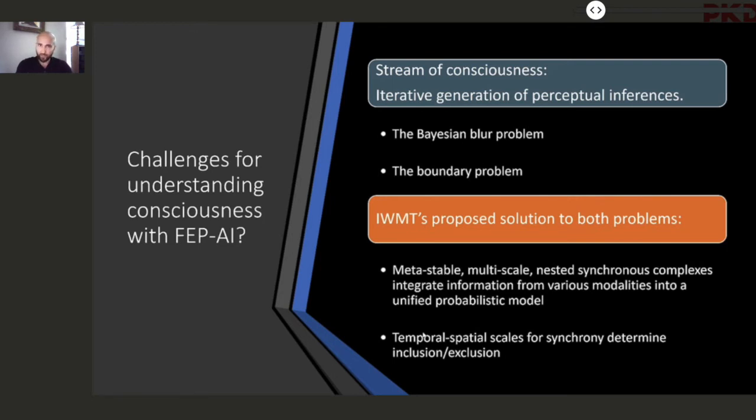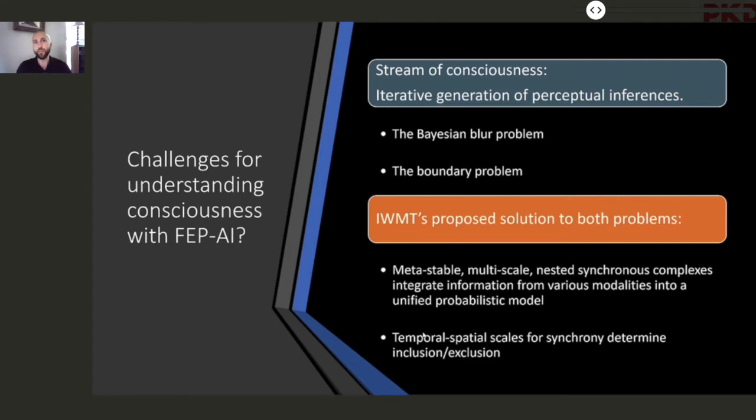That is, we don't experience a superposition of possibilities, or it doesn't seem like we're experiencing distributions over the variables of the world, but rather there are particular values, sufficient statistics. The boundary problem is, with respect to generative modeling, what aspects are in or out with respect to the processes that generate consciousness?